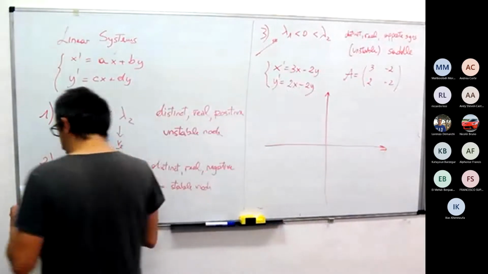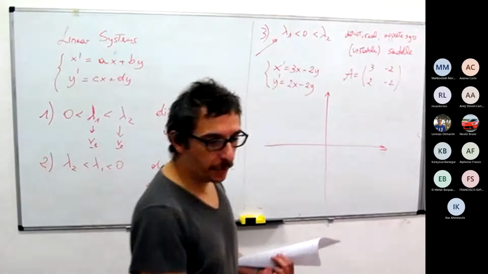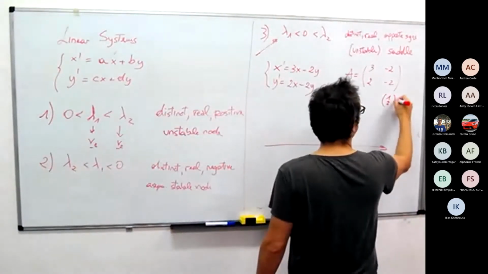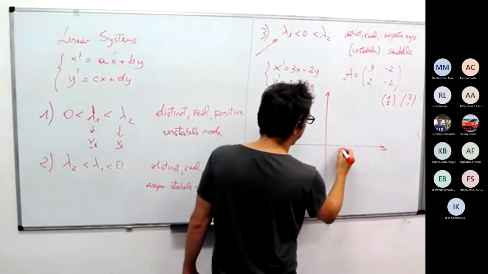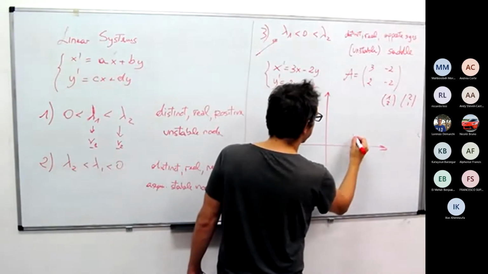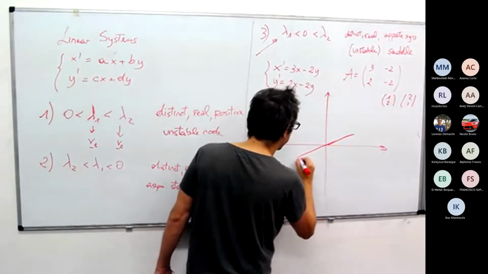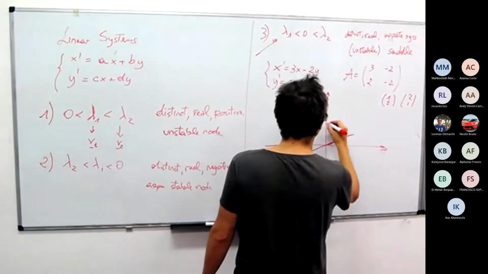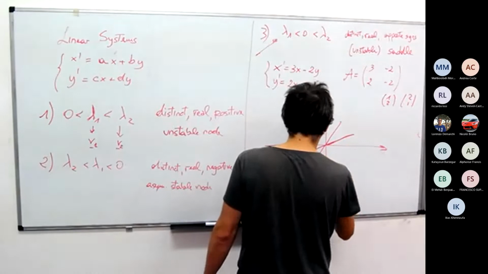Now, what are the two vectors which are defining these separatrices? We say that these are the eigenvectors. One eigenvector was 1, 2, and the other one was 2, 1. So the two separatrices are going to be 2, 1, let's say this one, and minus 2, 1. And then I have 1, 2, and minus 1.